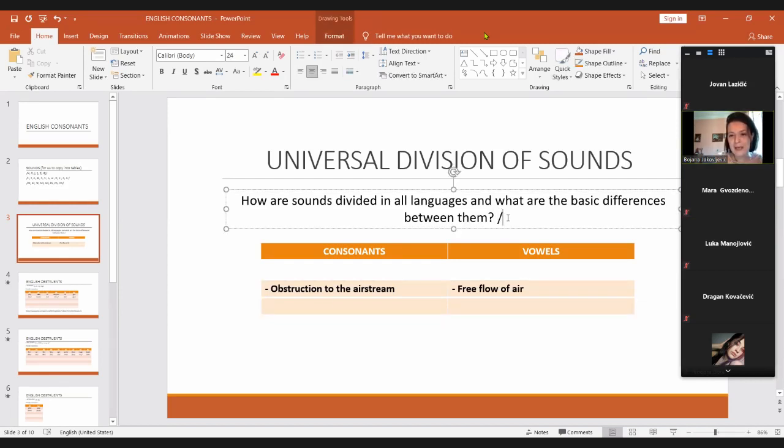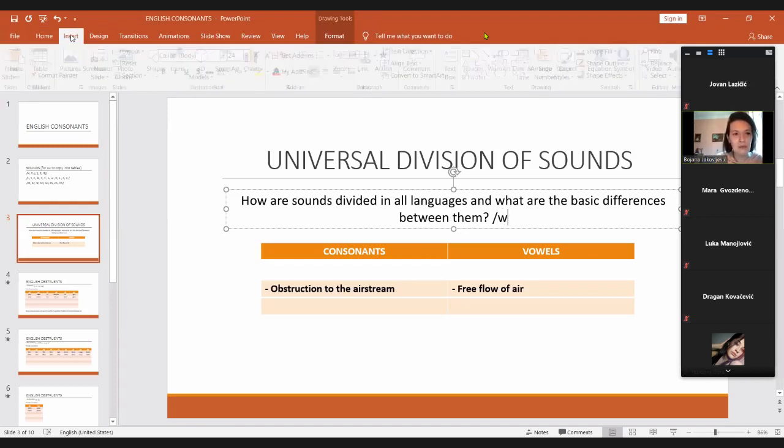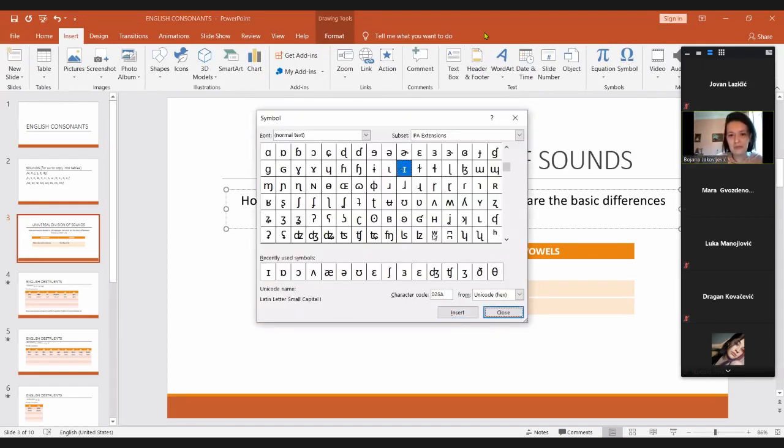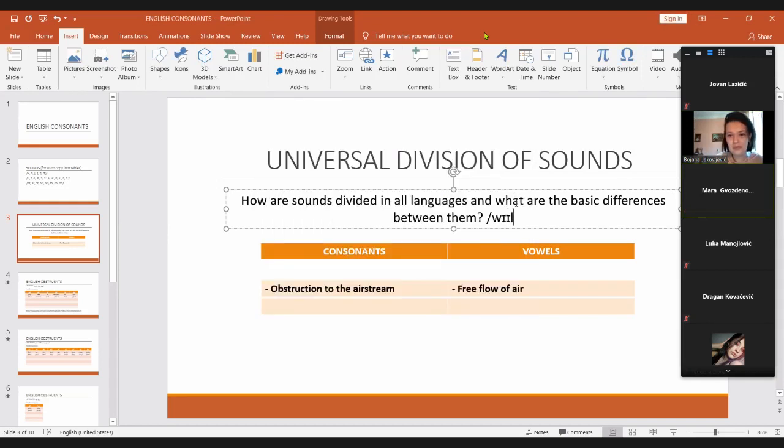Maybe we can produce vowels continuously, like we can sing them.